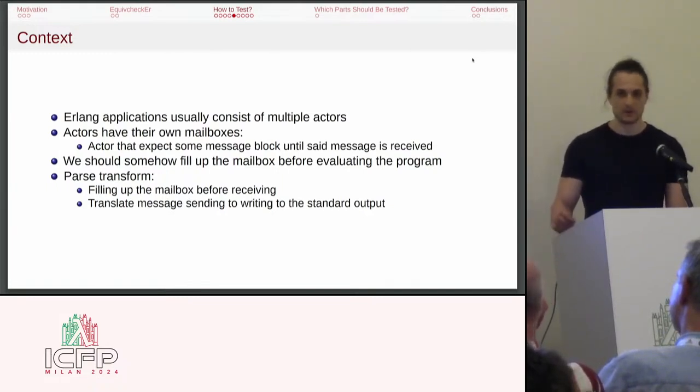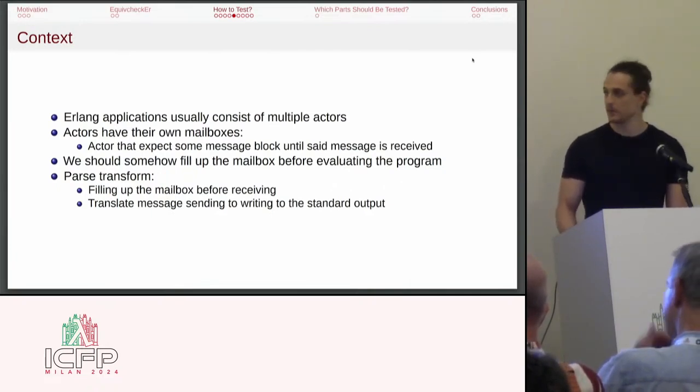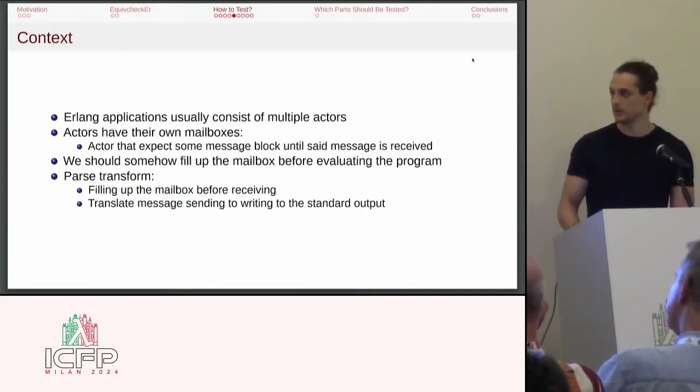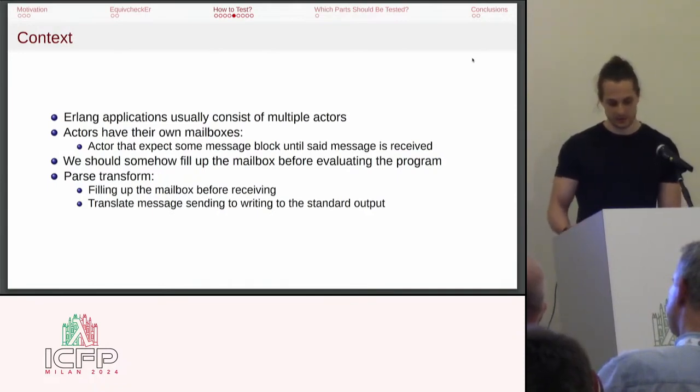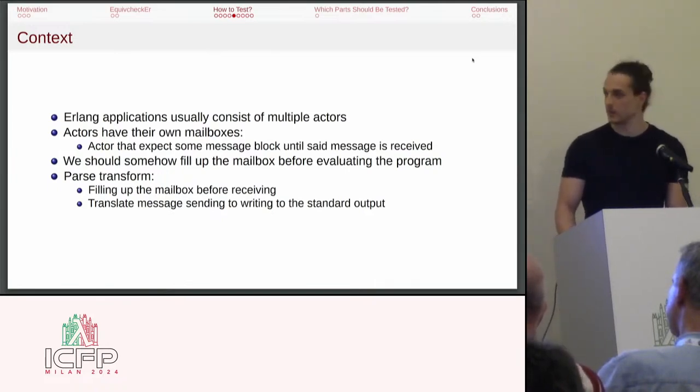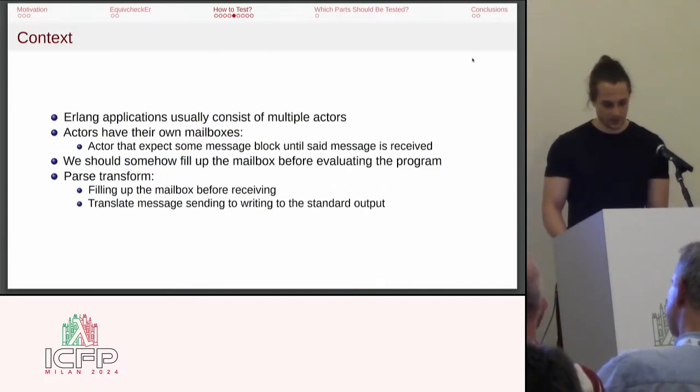We used parse transformation to transform each receive expression into another expression that generates random data, sends it to itself, and then tries to read from the mailbox. So each actor sends a bunch of random data to itself, and we can guarantee that the mailbox will be filled before it tries to receive from it.